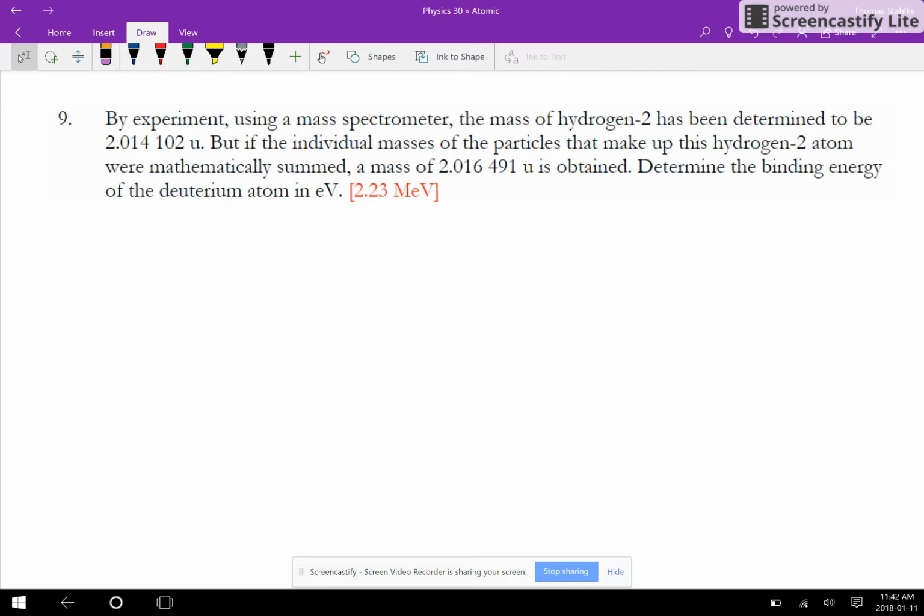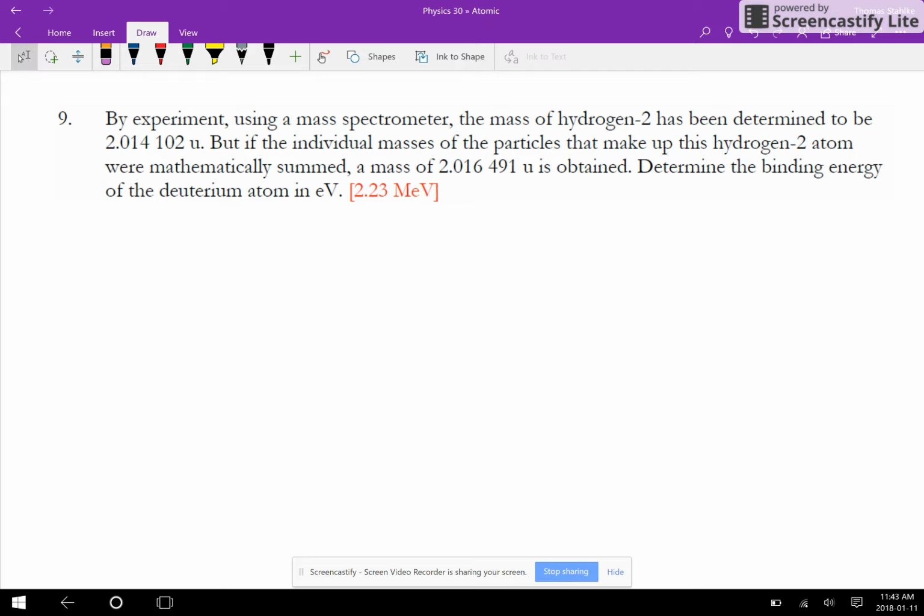But the individual masses of the particles that make up the hydrogen-2 atom were mathematically summed to be 2.016 atomic mass units, and determine the binding energy. So first of all, we're dealing with more specific amounts in atomic mass units, and we can also see that the individual sum of the protons and neutrons is greater in mass than the whole nucleus of hydrogen-2.